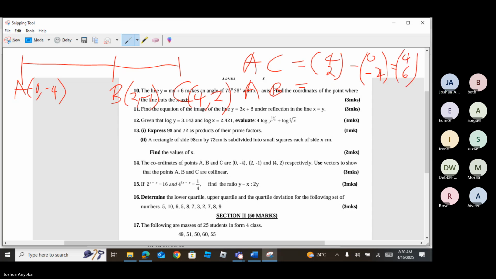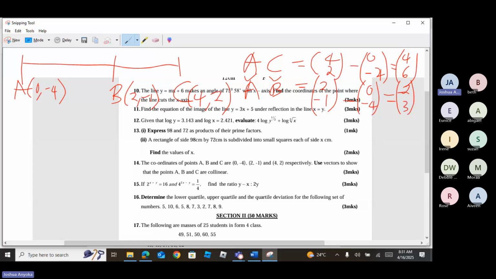That is vector AC. Vector AB is the position vector of point B, (2, -1), minus point A, (0, -4). And then we have vector AB as (2, 3). -1 minus -4 is like 4 minus 1, so 3.